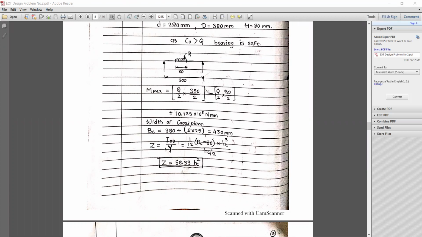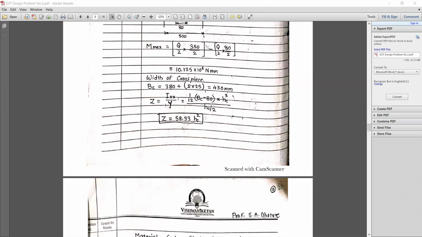So we have considered a continuous load over a cantilever beam. The equation for that is M max equal to Q by 2 into 350 by 2 minus Q by 2 into 80 by 2. Putting all the values, we get the maximum bending moment as 10.15025 into 10 raised to 6 Newton mm.